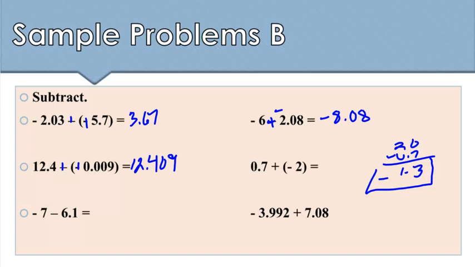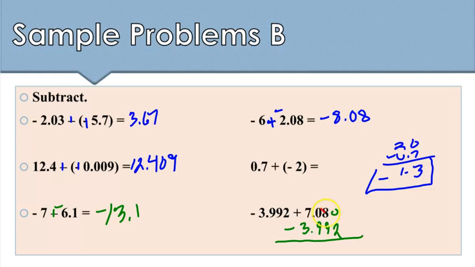Next, negative 7 minus 6.1, I'm really adding the opposites. So that means I'm adding two negative numbers, which is going to give us a negative 13.1. And this last one here, I'm really subtracting 3.992. Here I'm going to put the 0 as a placeholder there.